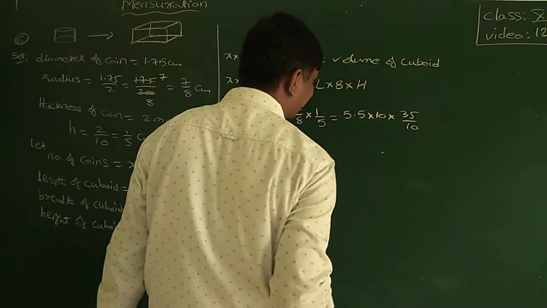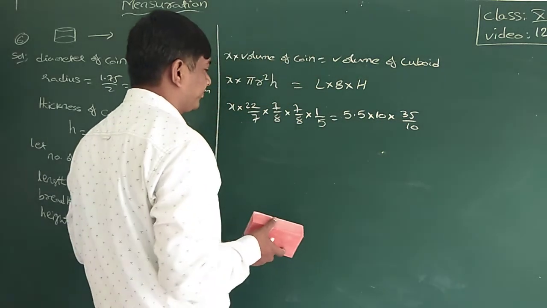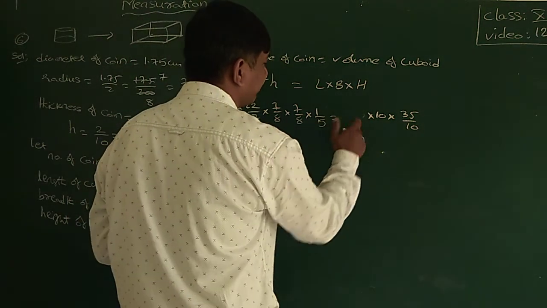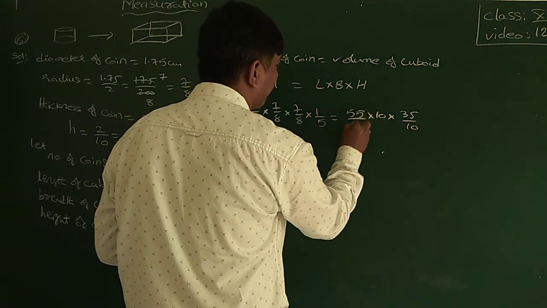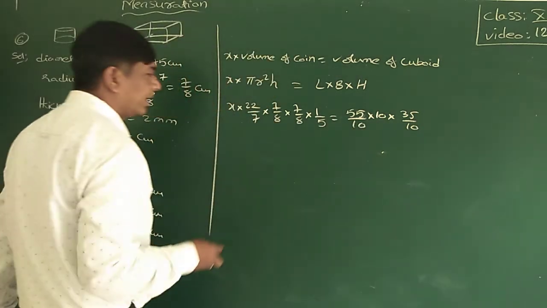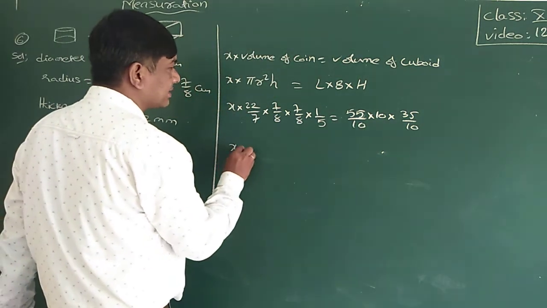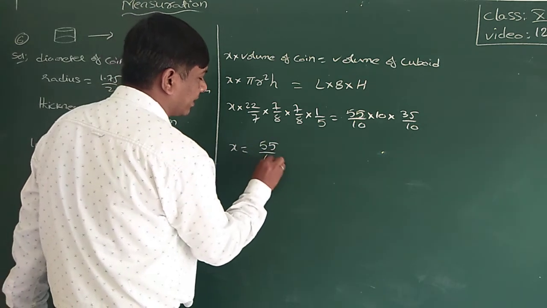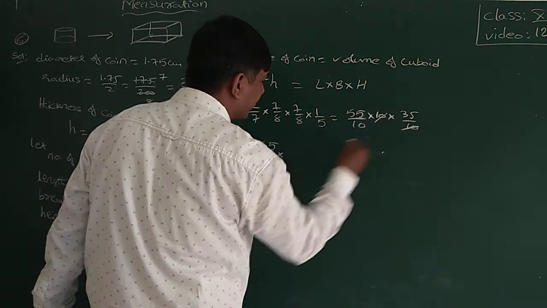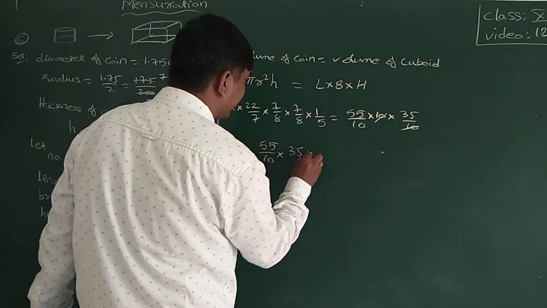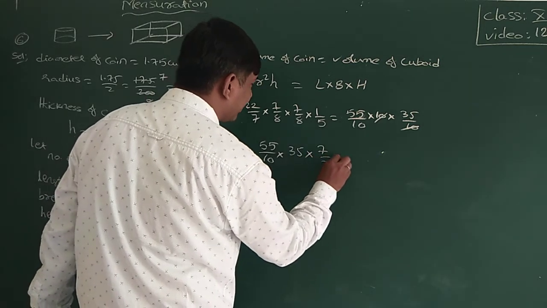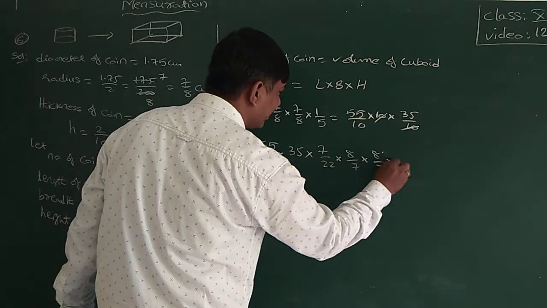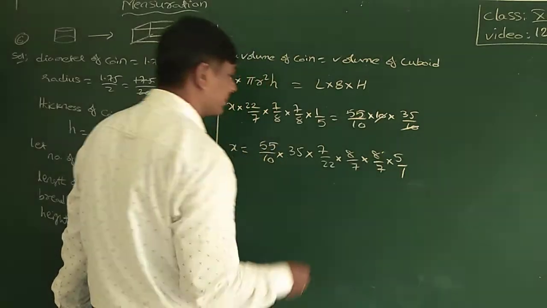35/10, I am writing for easy calculation. This is also 55/10. So x is equal to 55/10 into 10 cancel, 35 into 7/22 into 8/7 into 8/7 into 5/1.